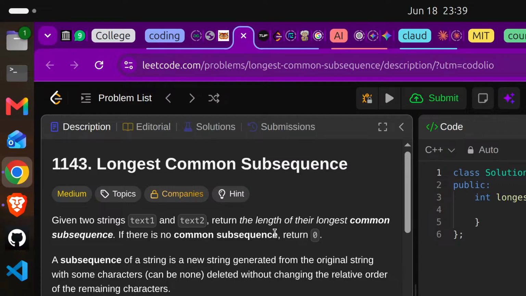When we have this 2D vector dp, we have to take one more, that's 1, and we have to initialize with 0 all around.